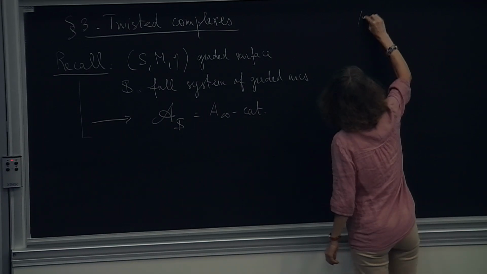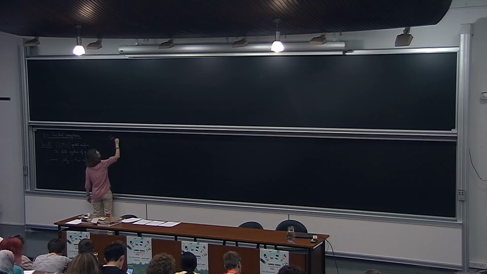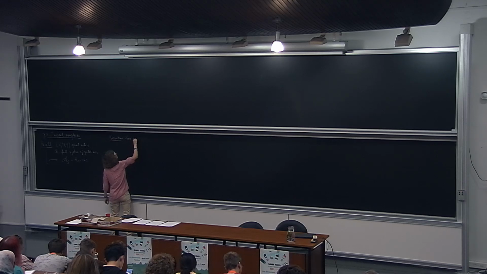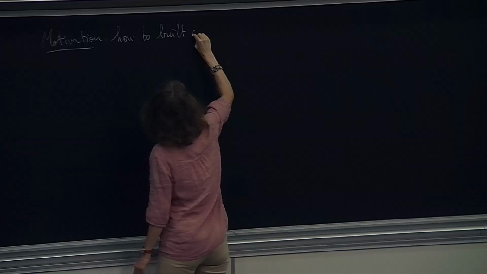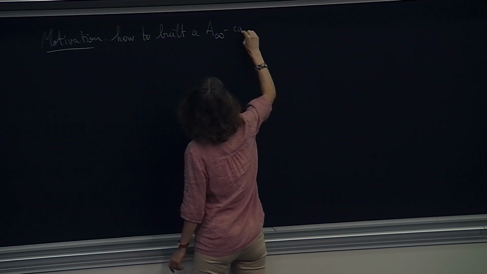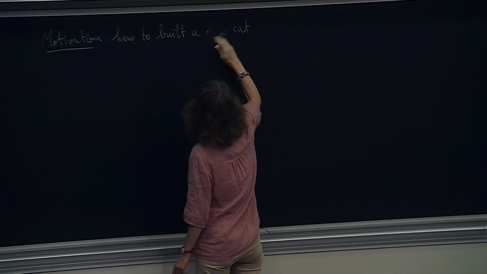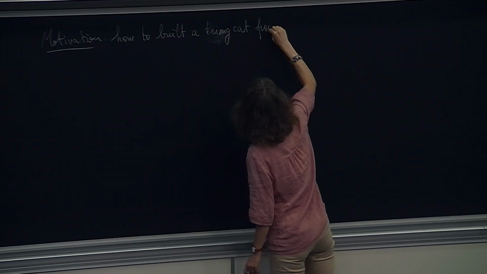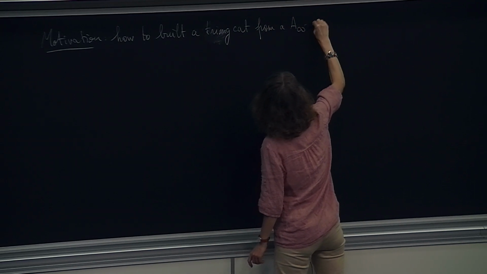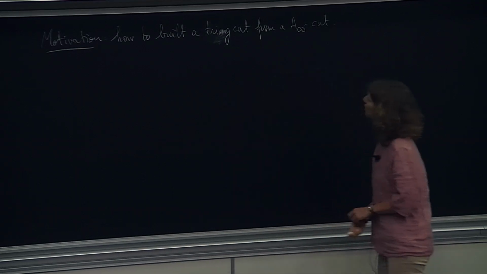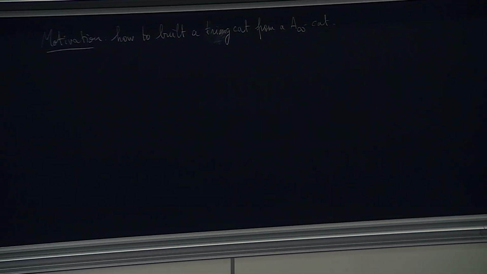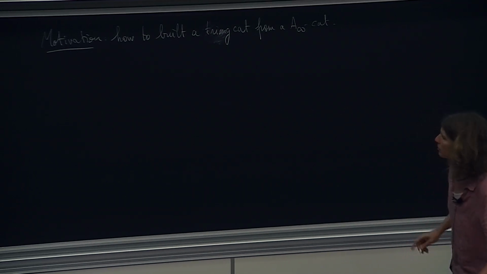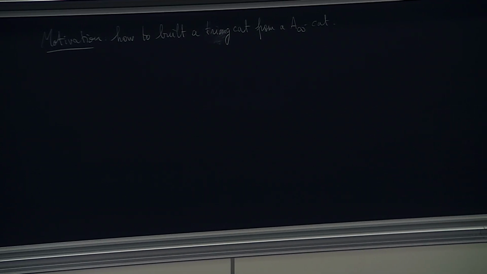So the motivation is to get a triangulated category from an A infinity category. And once we have this, we will apply this to this A infinity category associated to the full system of arcs.